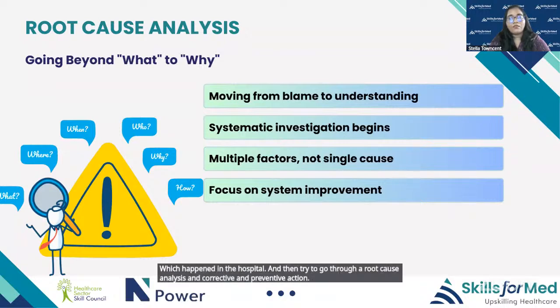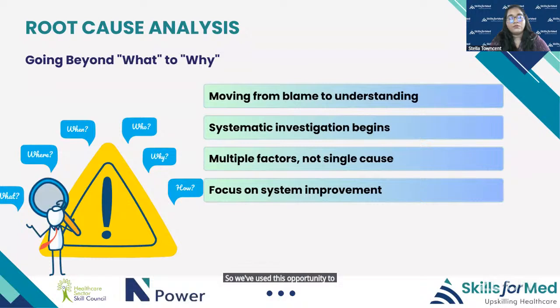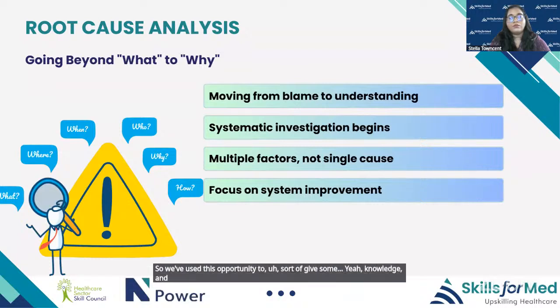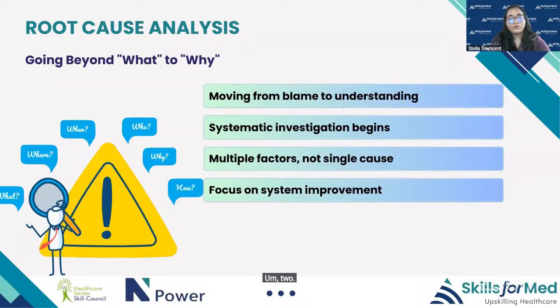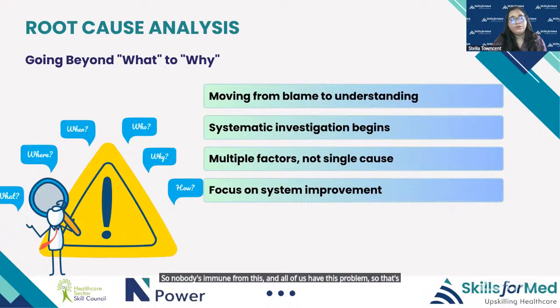We use this opportunity to give some knowledge, tips and skills to make sure these sorts of mistakes do not happen in our hospitals. Nobody is immune from this, and all of us have this problem. That's the reason we are sharing it with everybody.